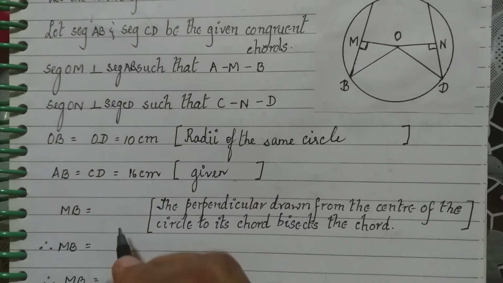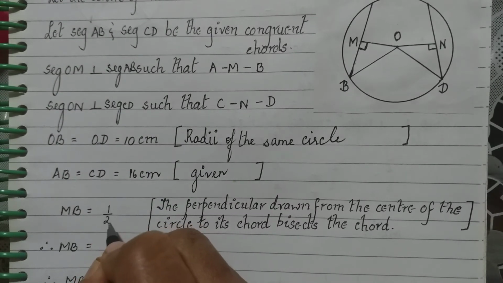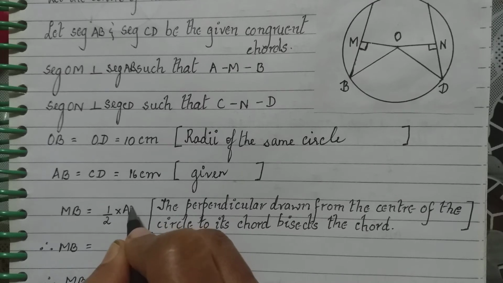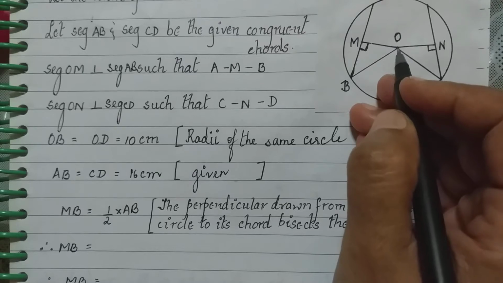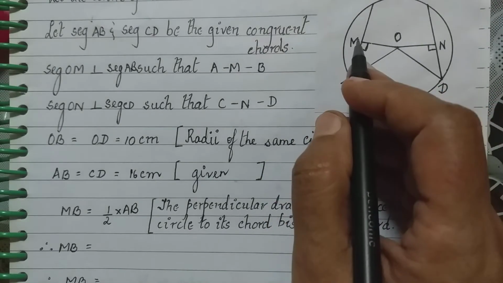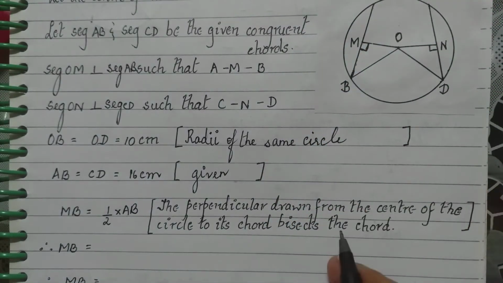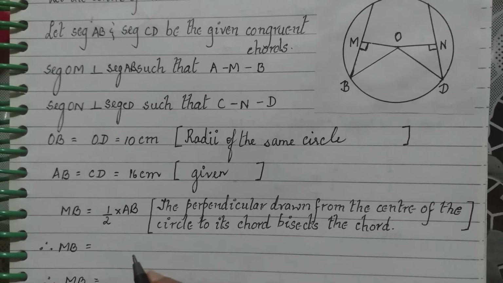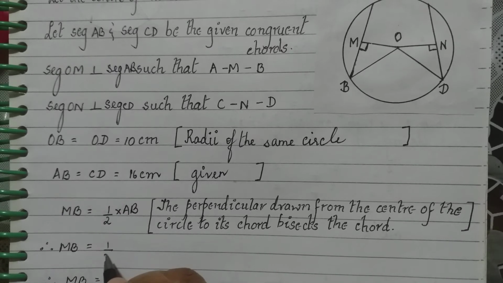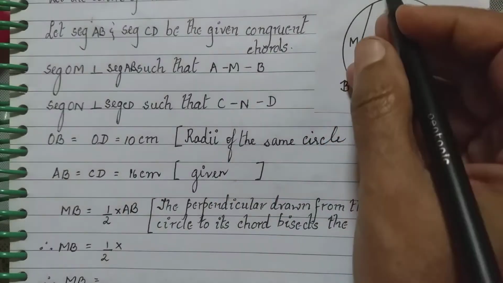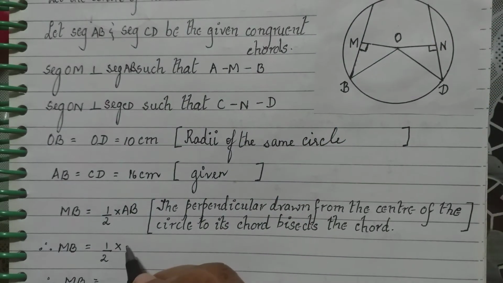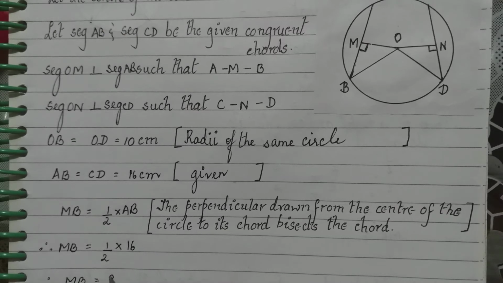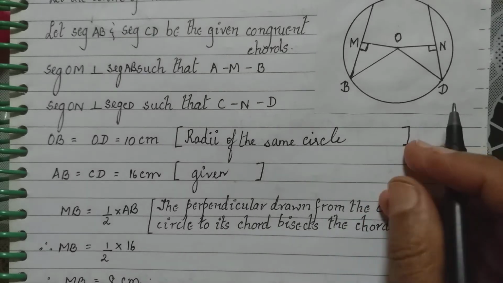So we write here MB is equal to half into AB. What is the reason? The perpendicular drawn from the center of the circle to the chord bisects the chord. Therefore MB is equal to half into AB, and the length of the chord we said is 16. So half into 16, which will be 8, that is 8 centimeter.